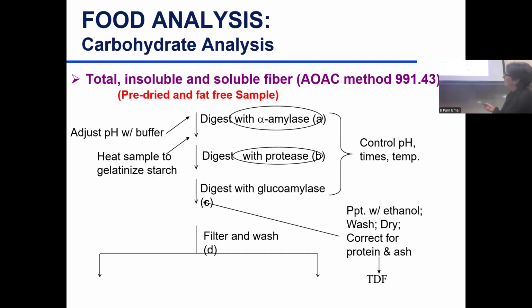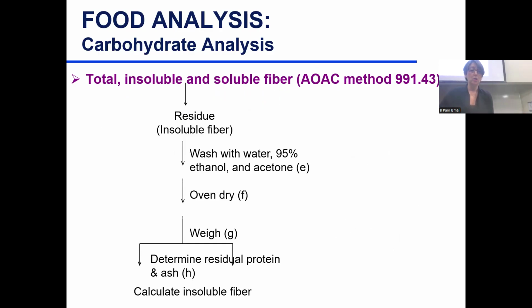So at this stage, C, where you have your soluble fraction and insoluble fraction, you will filter and wash. On the filter paper, insoluble fiber will be sitting. And then the solubles fraction that went through the filter, you might have your soluble fiber. So the residue on the paper will be your insoluble fiber.